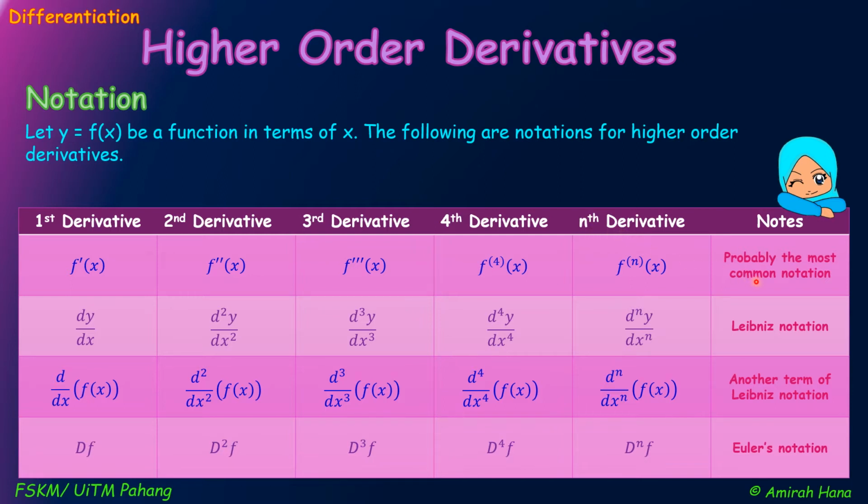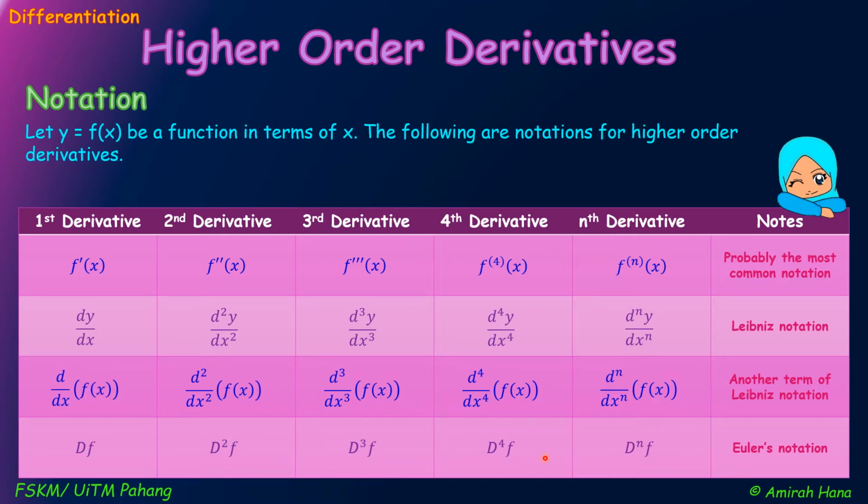For the first row, this is probably the most common notation. The second row is the notation under Leibniz notation, and so does the third column.